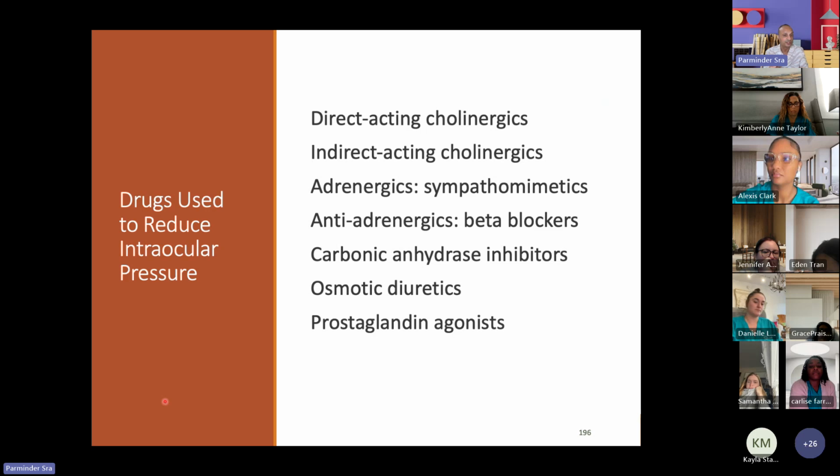Now the drugs which are used to reduce the intraocular pressure are direct acting cholinergic, indirect acting cholinergic, adrenergic, antiadrenergic, carbonic anhydrase inhibitor, osmotic diuretic, and prostaglandin agonist. Let's talk about them one by one.